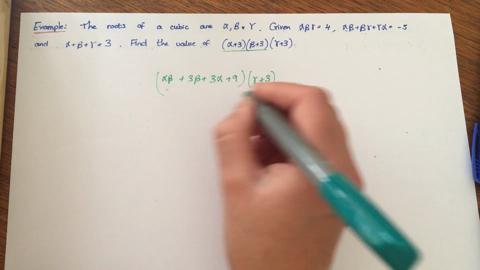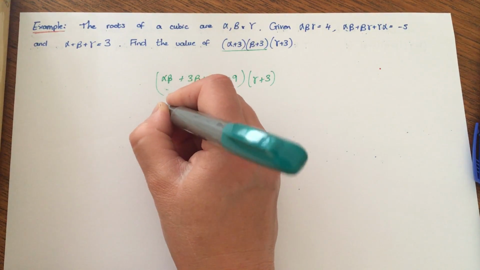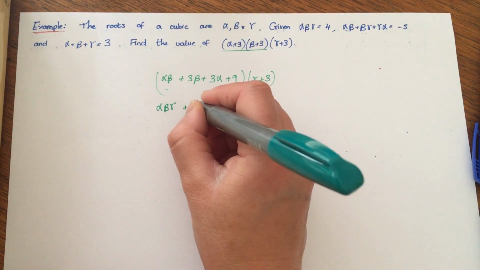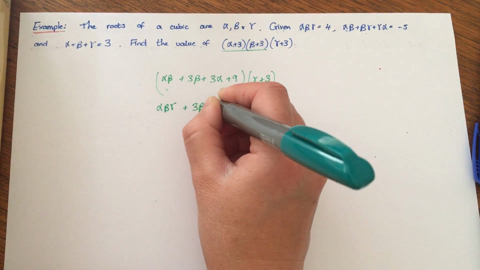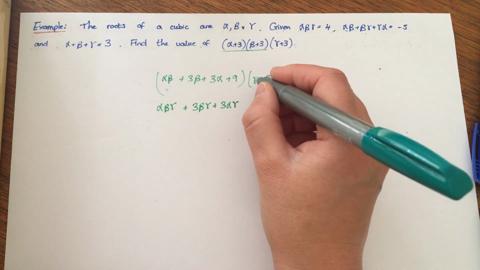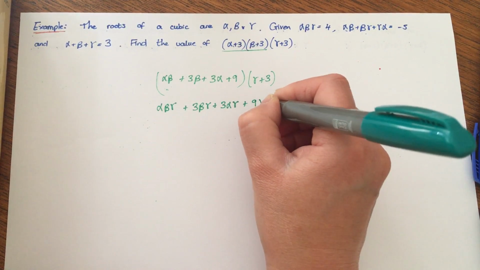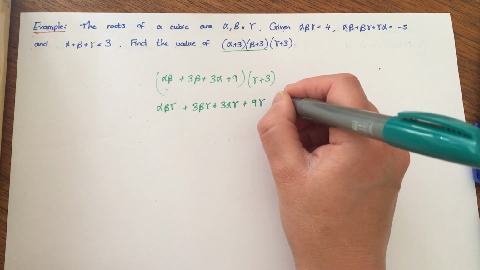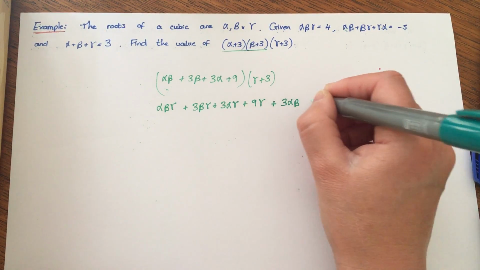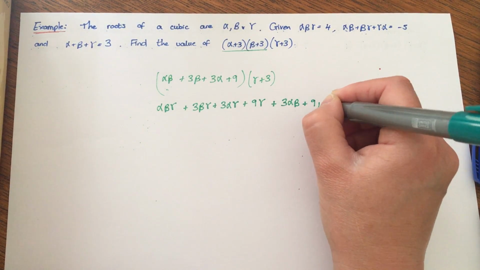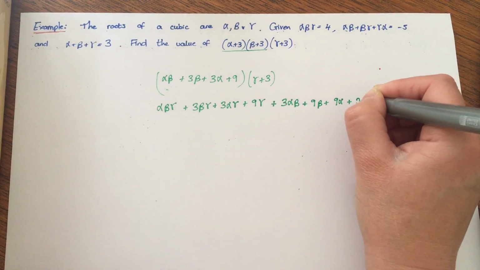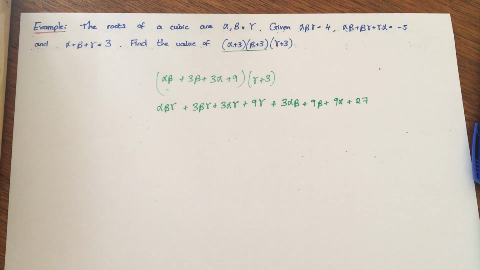So if I times it all by gamma, I'll have alpha beta gamma, oh that's a thing that we know, plus 3 beta gamma plus 3 alpha gamma plus 9 gamma. And then if I times it all by 3, I'll have 3 alpha beta plus 9 beta plus 9 alpha plus 27. So that's what I get when I multiply that out.